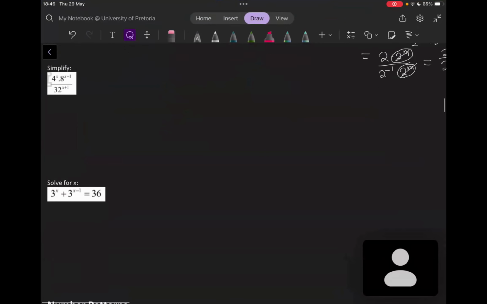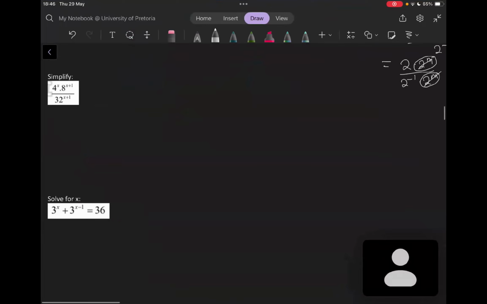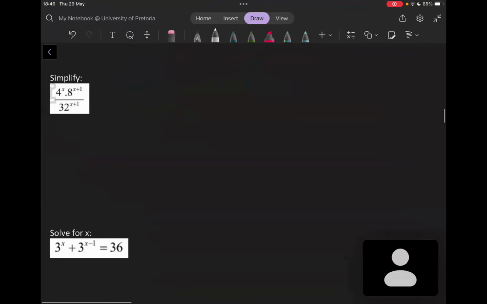We are now going to simplify this expression over here. I'll rewrite it in case you guys can't see properly. This is 4 to the power of x multiplied by 8 to the power of x plus 1, and we have that divided by 32 to the power of x plus 1.